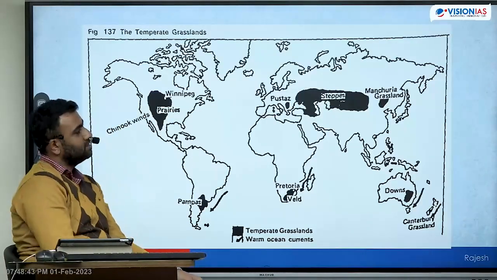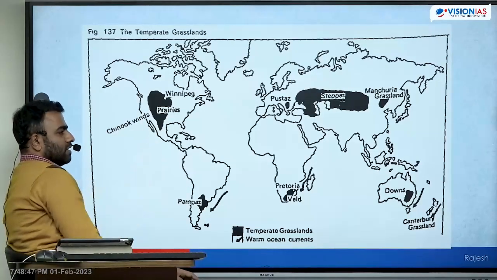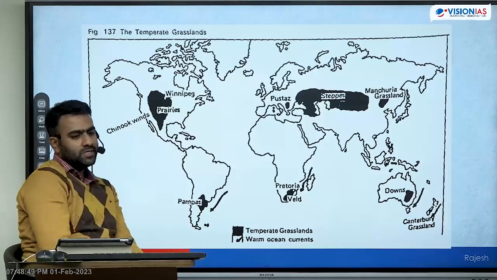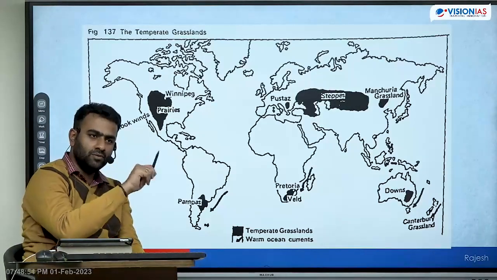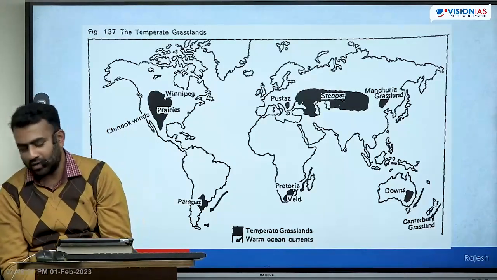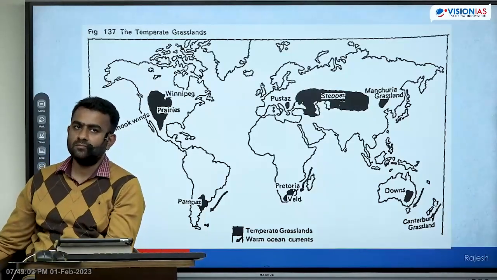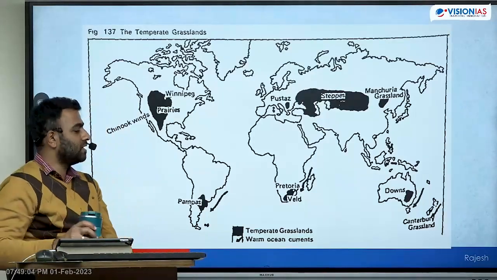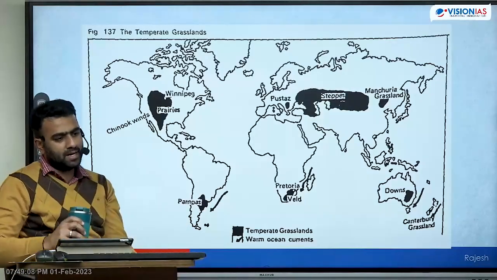So next, the same temperate grasslands are called as prairies in North America. Steppe बस यूरोप और सेंट्रल एशिया में ही बोलते हैं. They are called as prairies in North America. In South America, they are called as pampas.